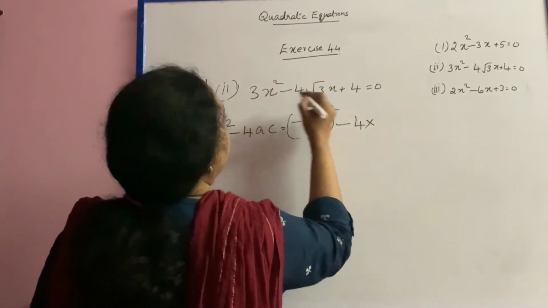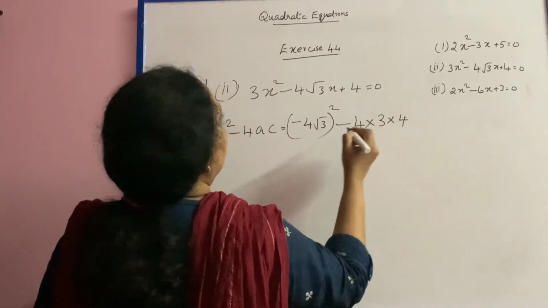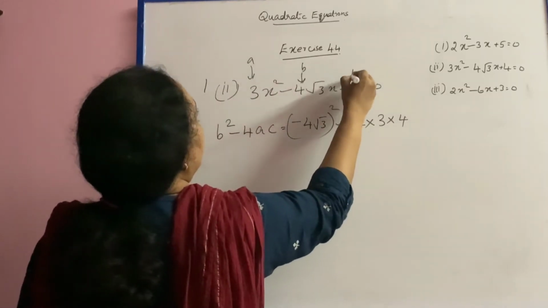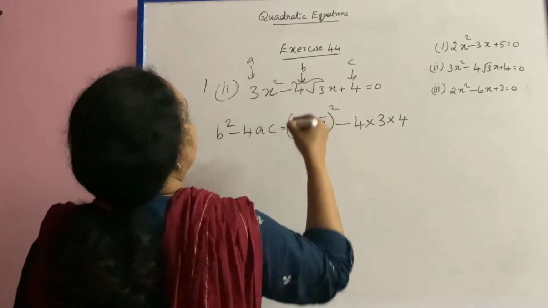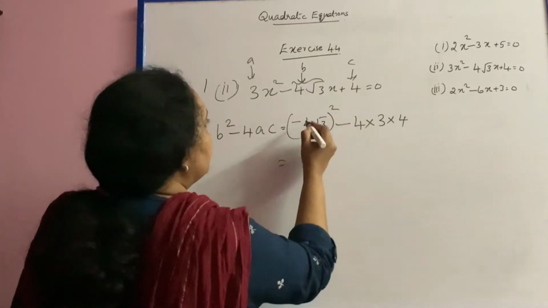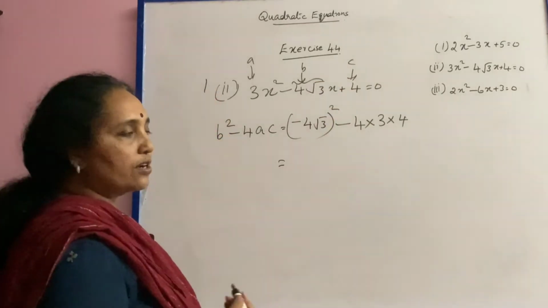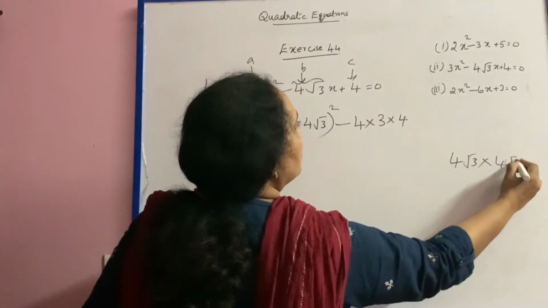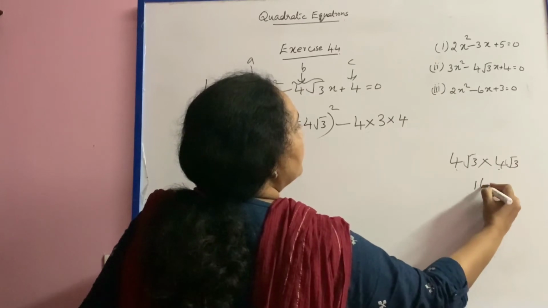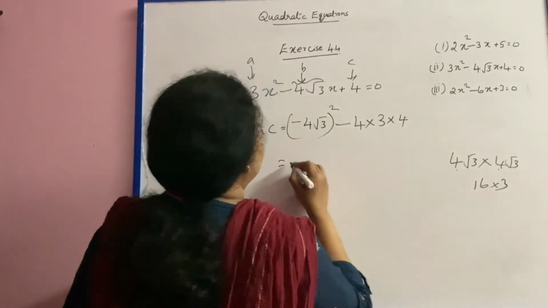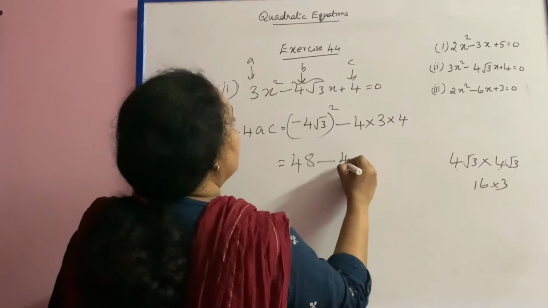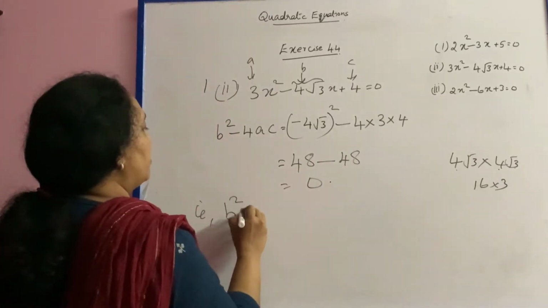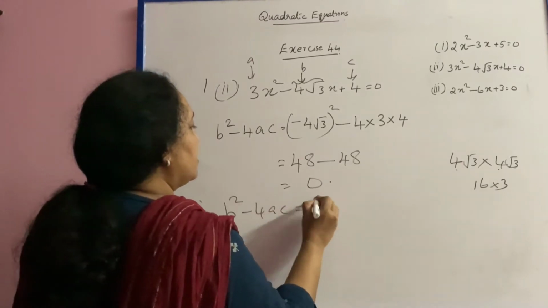This is a, this is b, and this is c. b square is 4 root 3 into 4 root 3. 4 4s are 16, root 3 into root 3 is 3, that is 48. 48 minus 48 is equal to 0. Here b square minus 4ac is equal to 0.